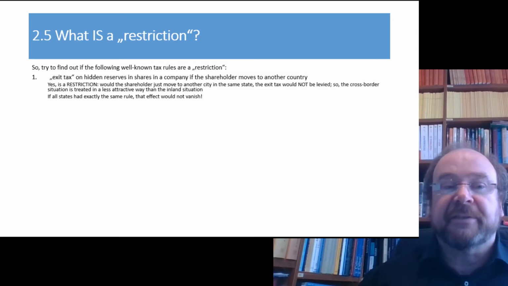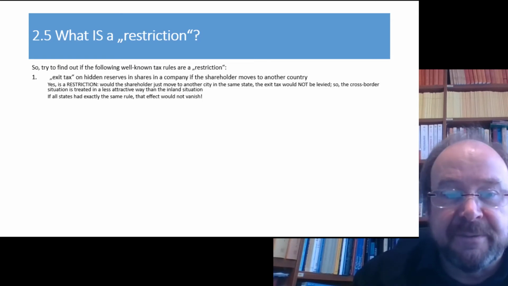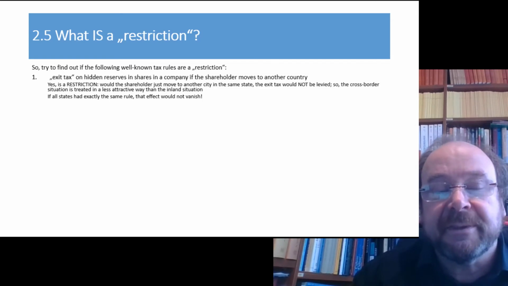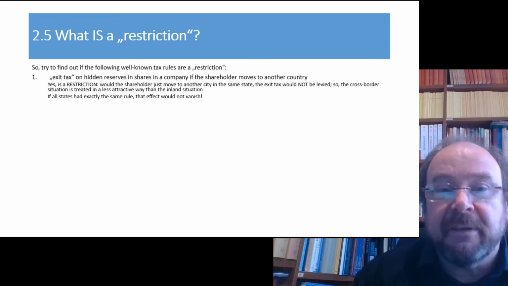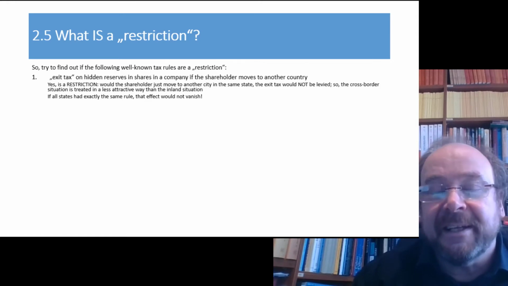Now let's try to find out our rules for what's a restriction, or test our rules a bit. Let's say, first example, you have an exit tax on hidden reserves in shares of a company. You are a shareholder, you leave the country, move to another member state. Is that a restriction?